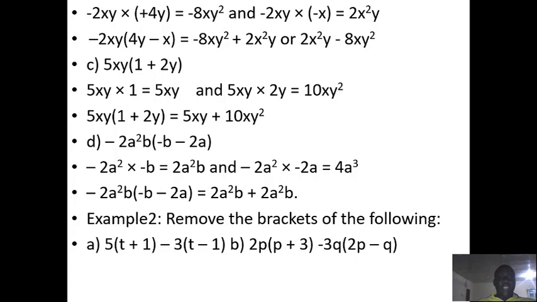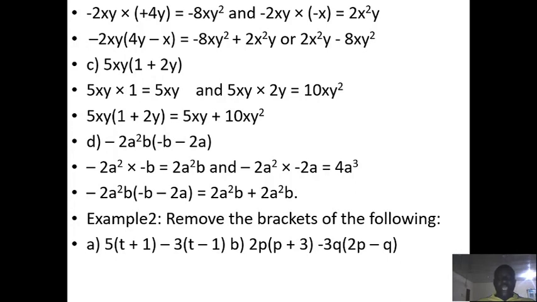A squared b times b gives us a squared b squared. Then 2a squared times minus 2a gives us 4a cubed.